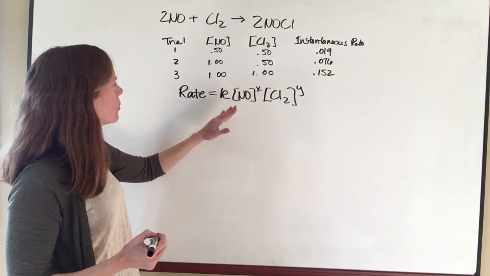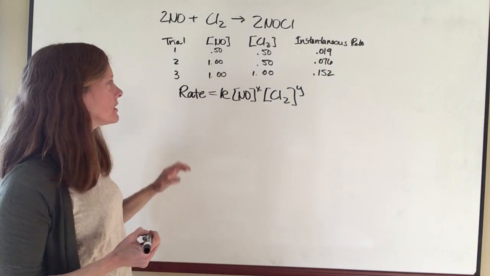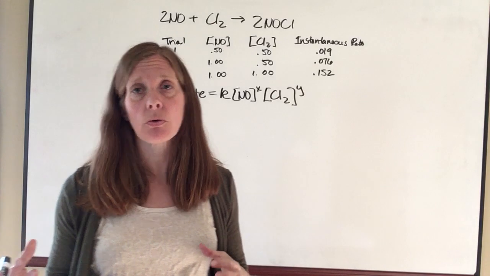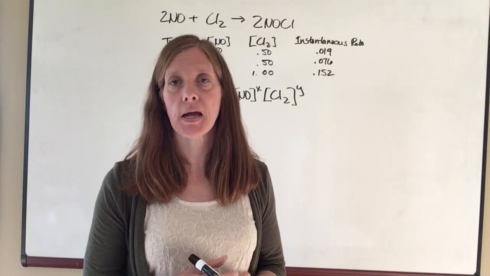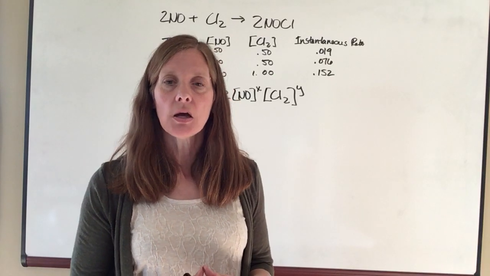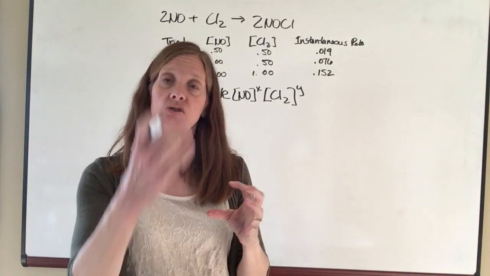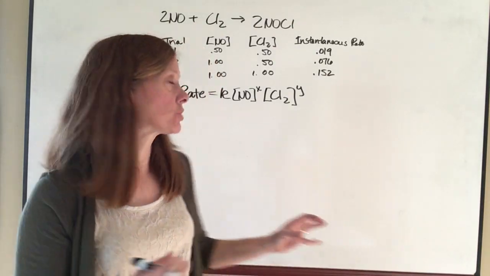Okay, so when I have 3 trials to look at and I'm comparing these, you are probably familiar with what a control in an experiment is, at least I hope so. That's something that you've likely talked about in science for many, many years already. With a control, you hold one piece constant while you change the other piece to see how that piece affects the overall results.